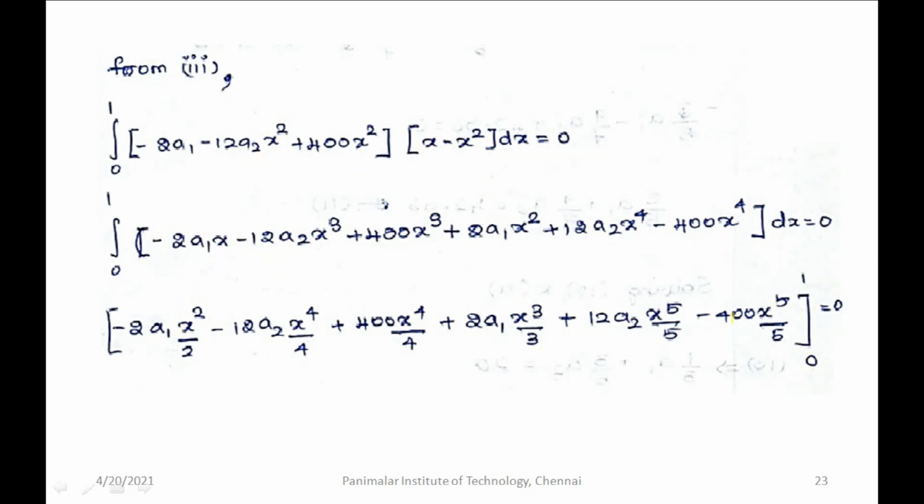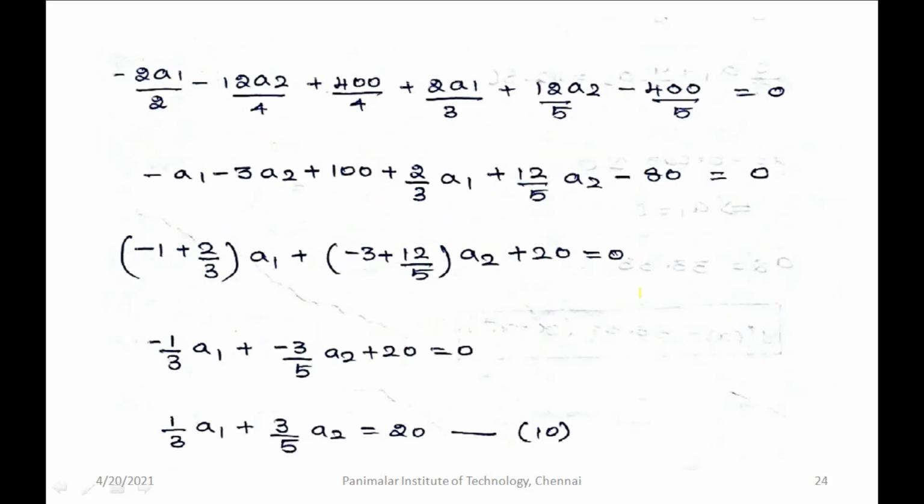And after multiplication we have to do the integration of these 6 terms carefully, and after integration we have to apply the limits 0 to 1. Okay, so after applying the limits we'll reduce the equation. Finally the equation is coming as 1 by 3 a1 plus 3 by 5 a2 is equal to 20. The first equation using weight function 1.